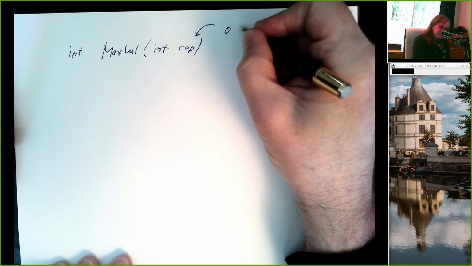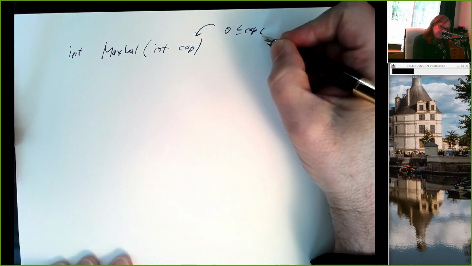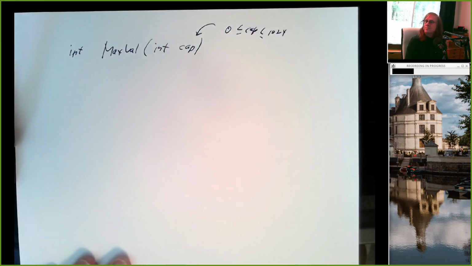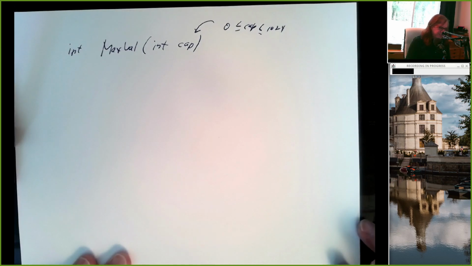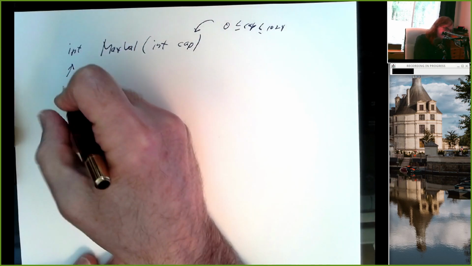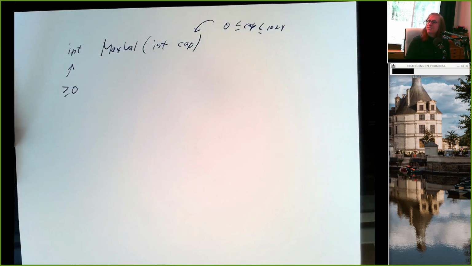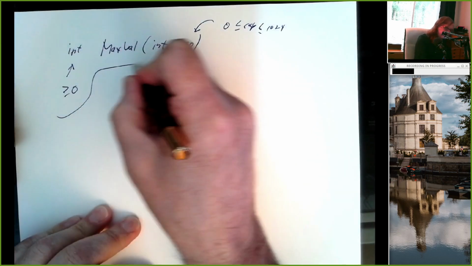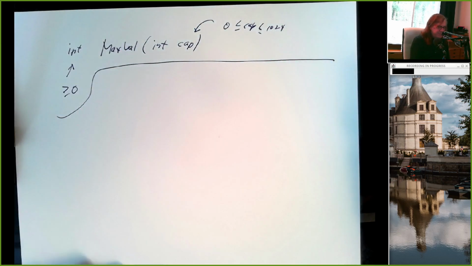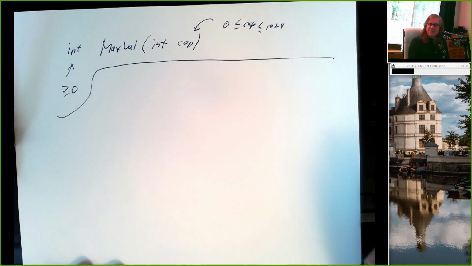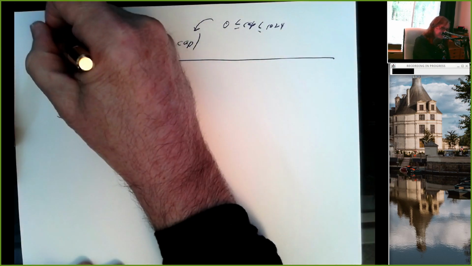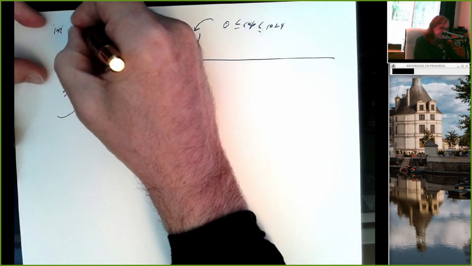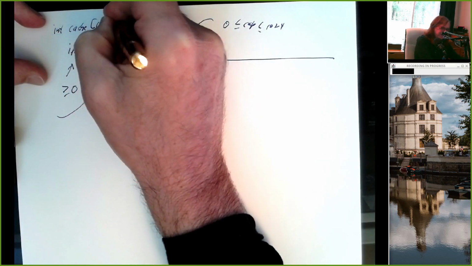And we can note the following. Our capacity is between 0 and 1024, because that's constrained in the assignment. And the maxval is always greater than or equal to 0. So those two things tell us how we can add the dynamic programming piece. We need to remember the solution for whatever capacity we have. Since our capacity is an int between 0 and 1024, we could make an integer cache[1025].